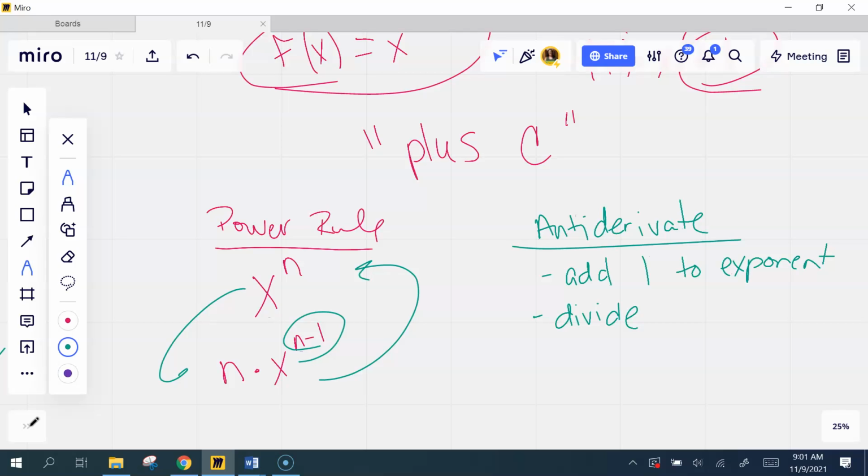The new exponent, the one where I added 1 to it, right? And then I'm going to add plus c on it. Let's do some generics with plus c, and then I'll show you how to get rid of the plus c in just a minute.